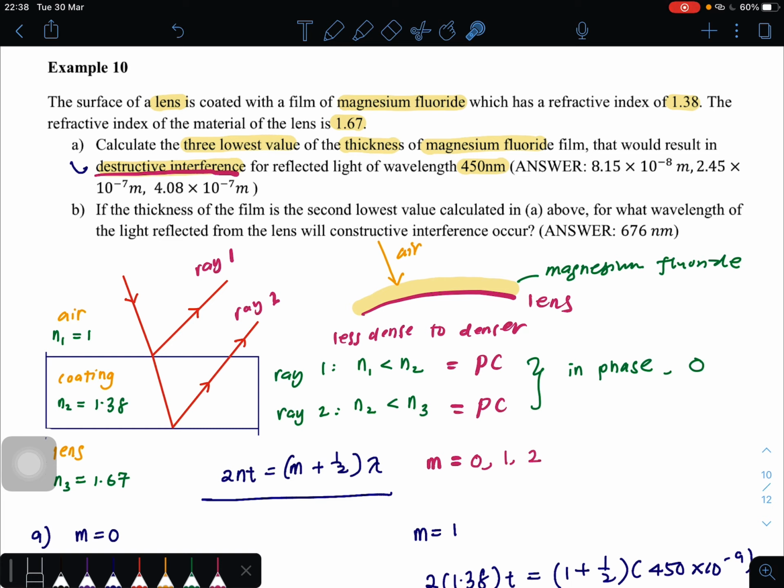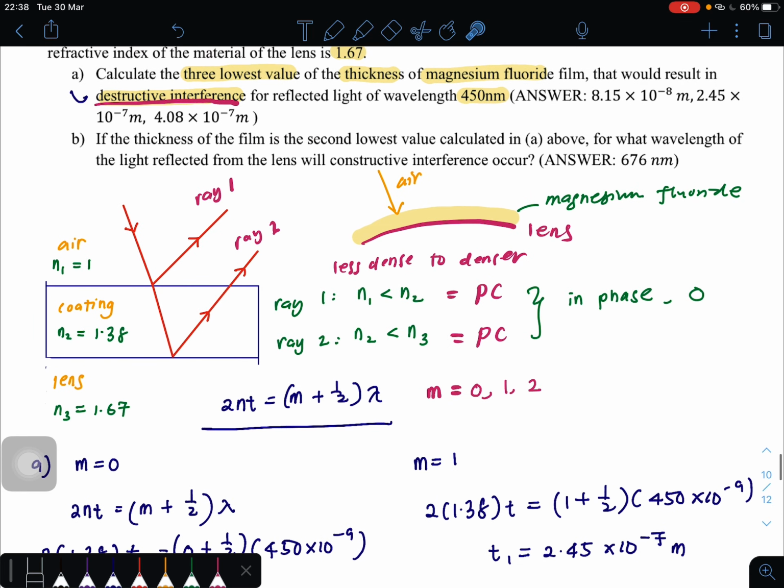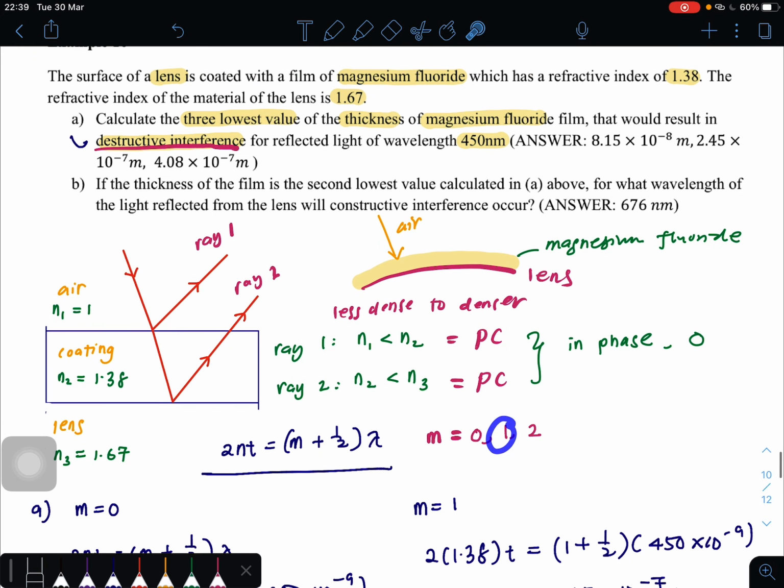Okay, second question. If the thickness of the film is the second lowest value calculated in part A above, for what wavelength of the light reflected from the lens will constructive interference occur? Okay, so we will use the thickness for the second lowest value, which means m equal to 1. And then it asks for the wavelength.